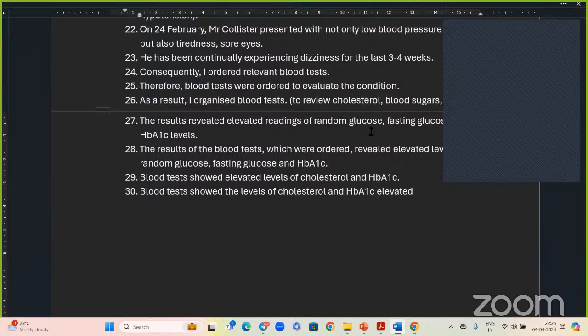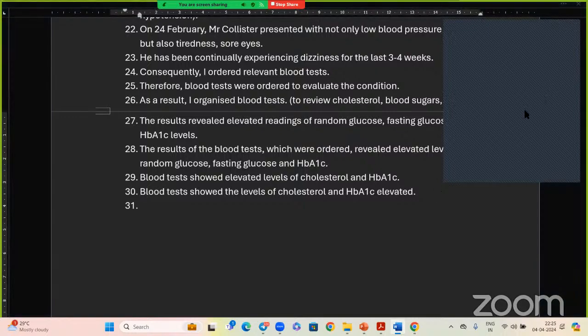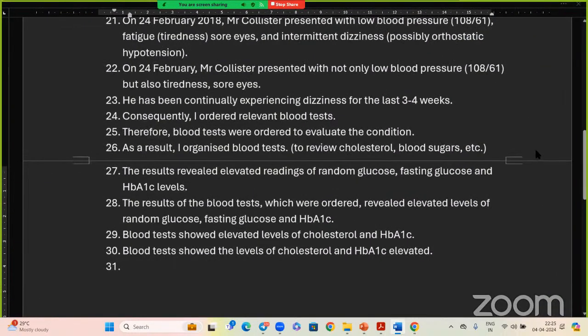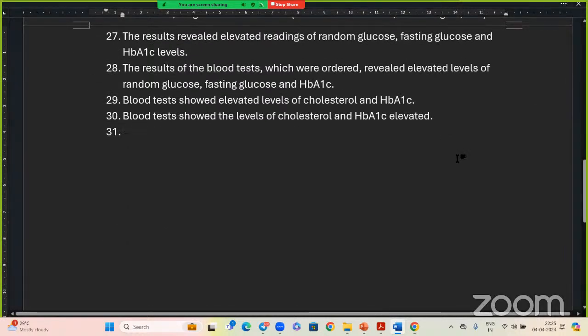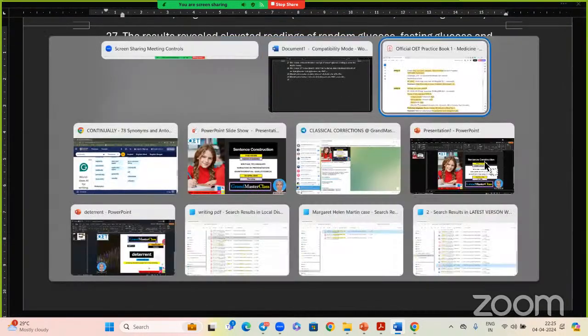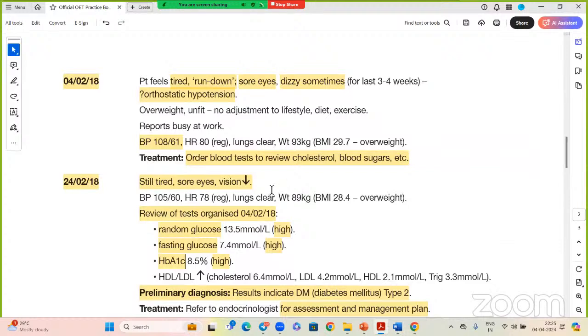Yeah. So next step, 31. Now let us see here again.